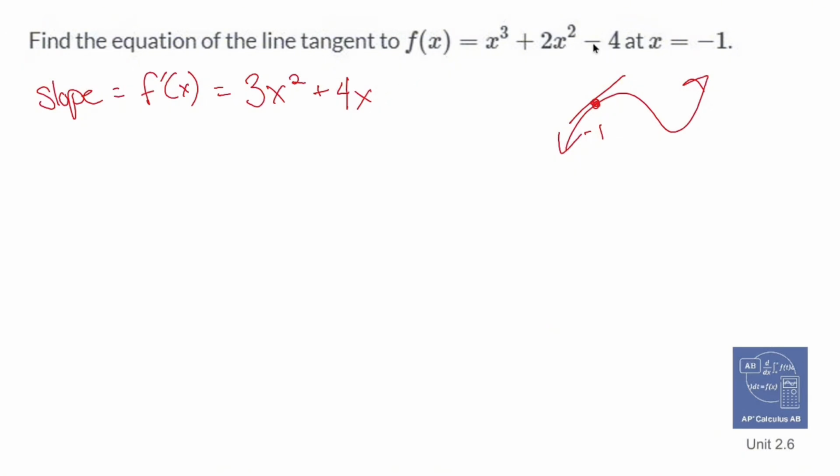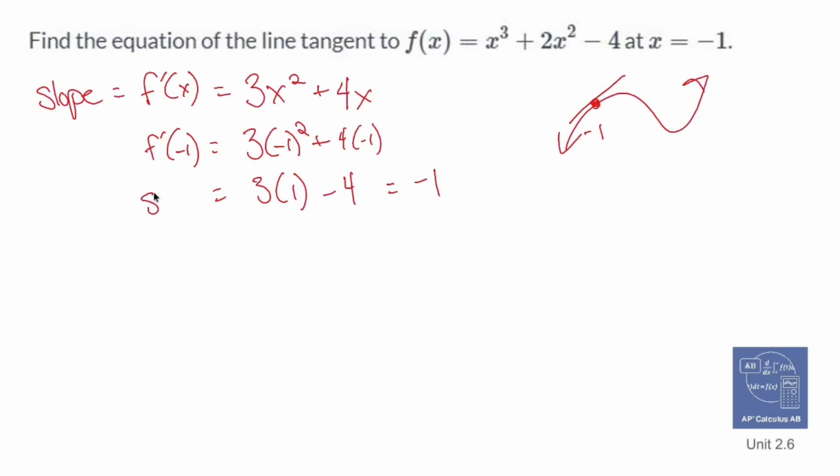If I were to take the derivative of negative 4, I get nothing. Now, I care about my slope when x is negative 1. So I have to take f prime of negative 1 and plug in negative 1 to both x's. 3 times negative 1 squared plus 4 times negative 1. That gets me 3 times regular 1 minus 4, which is going to be negative 1.